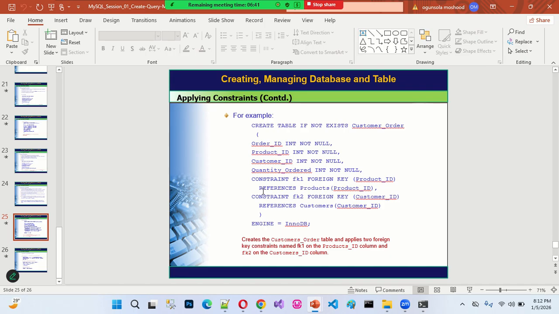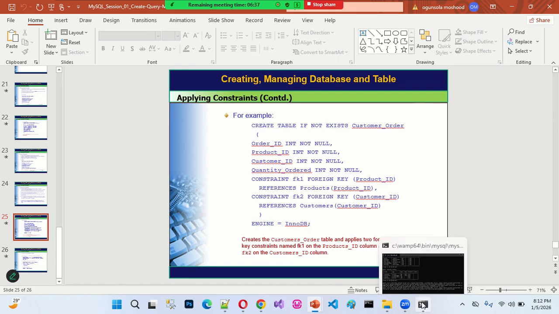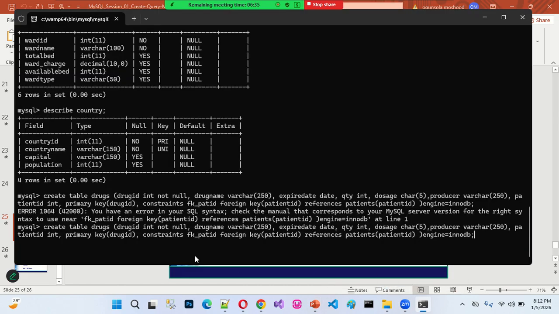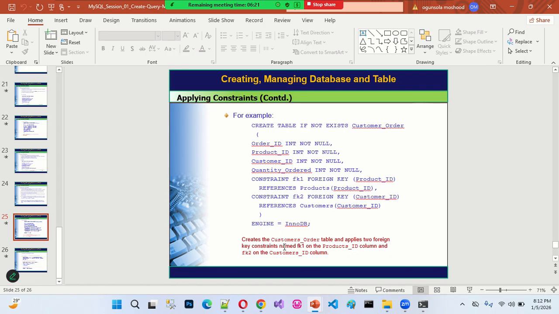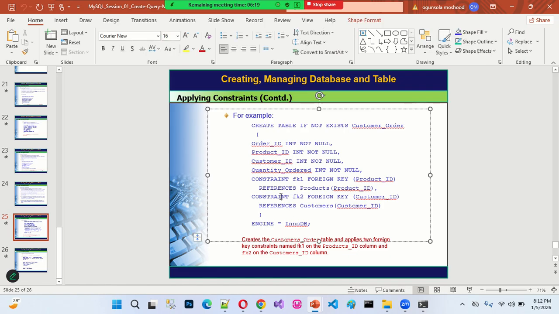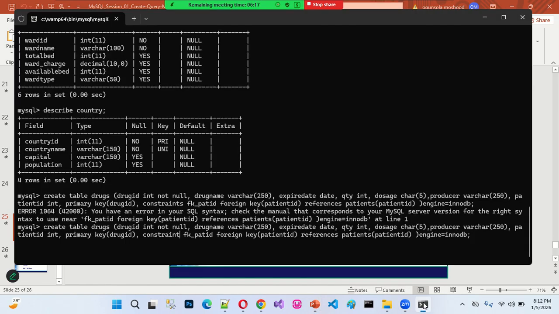After not null, yes. Oh, constraint. Is that the spelling I used? Constraint. Oh, the S is not supposed to be after the constraint here. Can you see? This S is not supposed to be there. Constraint. Okay, and this one constraint. Okay, that's where the error comes from.